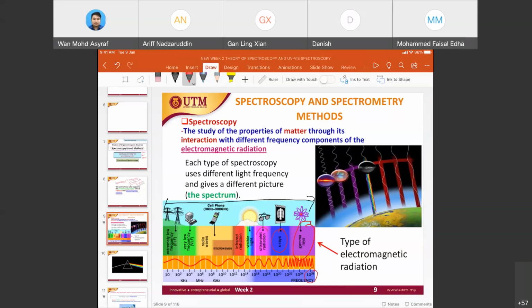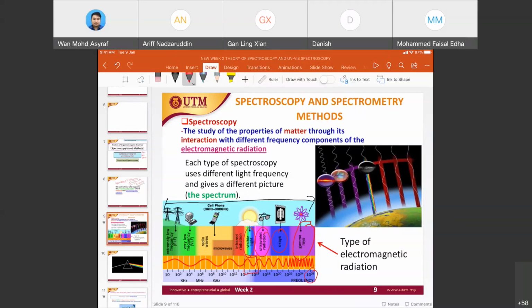Okay, and then we go to UV, ultraviolet radiation, and then the visible light. So basically, visible light yang ada cahaya sekarang yang kita ada ni, itu pun kita panggil sebagai electromagnetic radiation, tetapi dia berada di range visible light, where we can see that the frequency is around 10 to the power of 14 until 10 to the power of 16. So, when we talk about sunlight pun, it is a electromagnetic radiation juga.